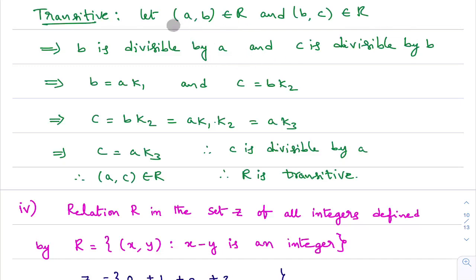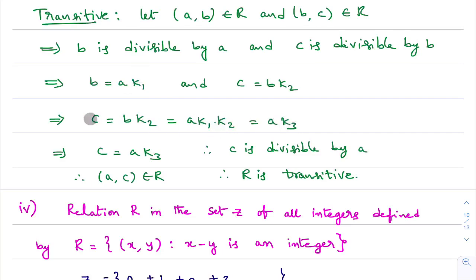As (a,b) belongs to R, I got that b is a into some integer. As (b,c) belongs to R, I can write c as b into some integer. Now in place of b I can write a k1, so c is a k1 into k2. k1 is an integer, k2 is an integer, so k1 into k2 is some integer, k3.